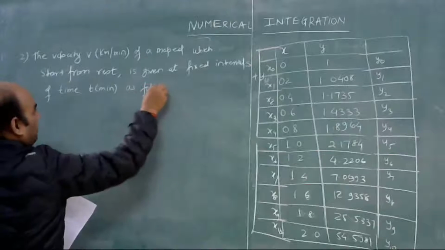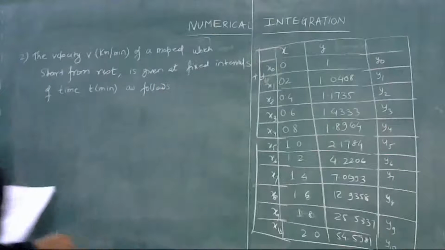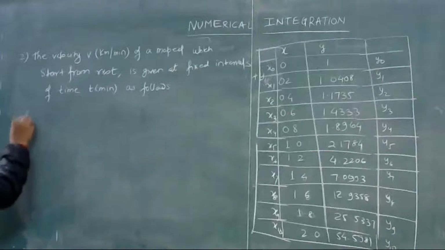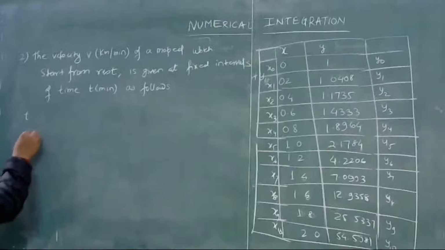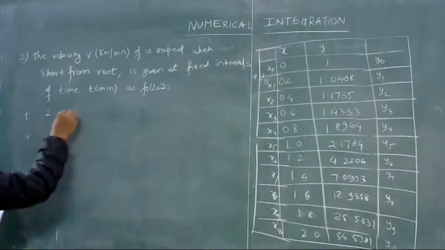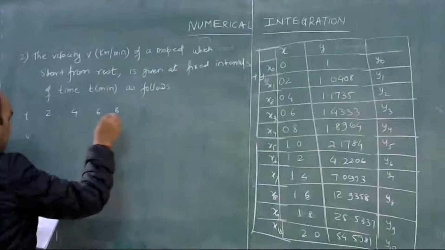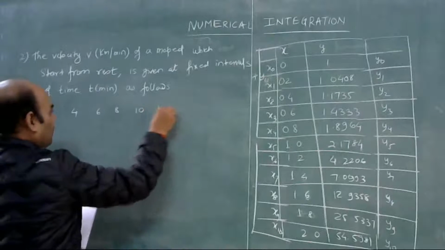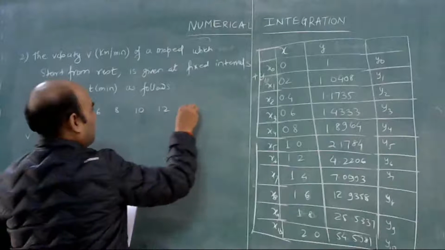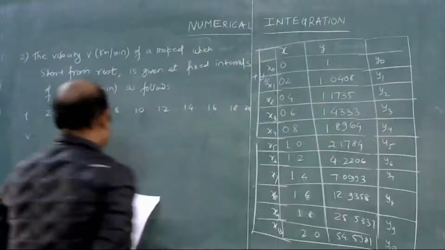So here the table is given, no need to prepare a table. So t is given and v is given. t is in minutes and v is in kilometer per minute. This is 2, 4, 6, 8, 10, 12, 14, 16, 18, 20.